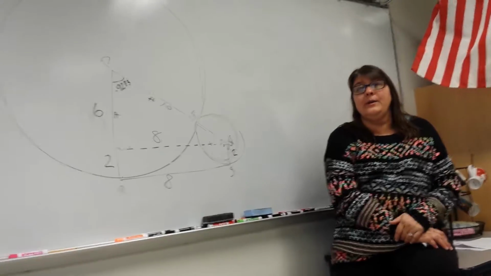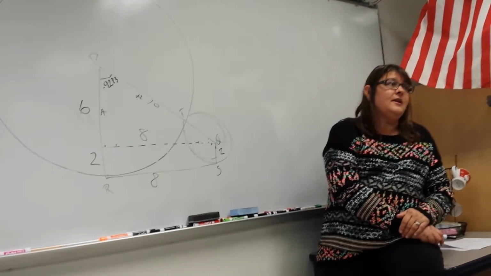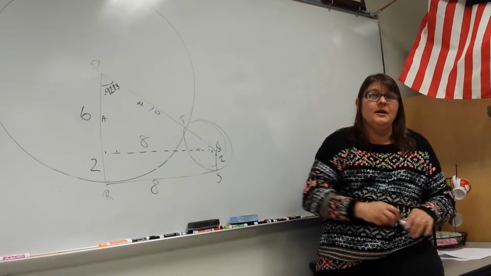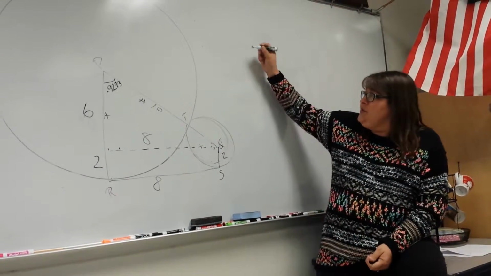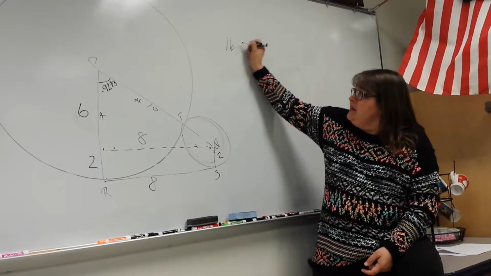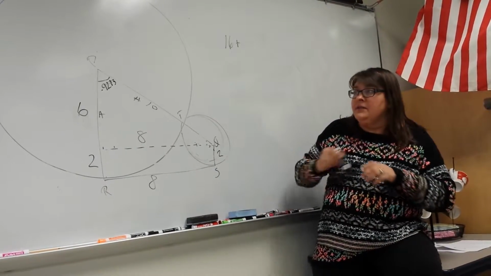So let's try what we do know. Finding the area of a rectangle is fairly simple, and finding the area of a right triangle is fairly simple. We've got that under control. So do you agree that 8 times 2 is the area of the rectangle? 8 times 2 is 16. Plus, what is the area of the existing right triangle?